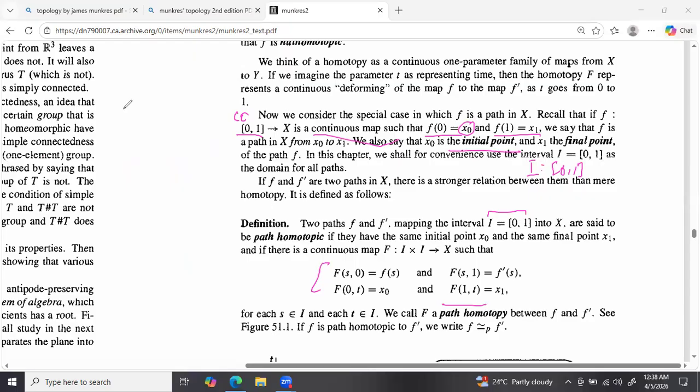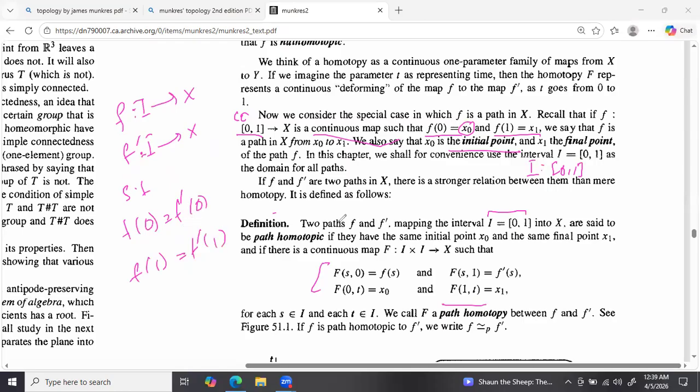So let's say we have two paths f from I to X and f prime also from I to X, such that f of 0 is equal to f prime of 0 and f of 1 is equal to f prime of 1, according to the definition.